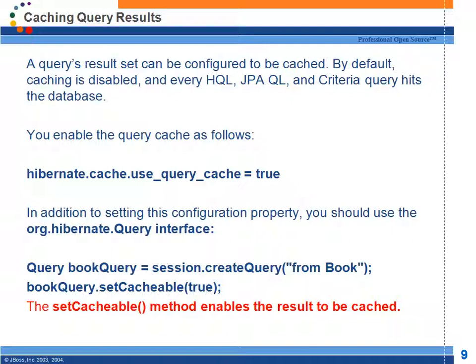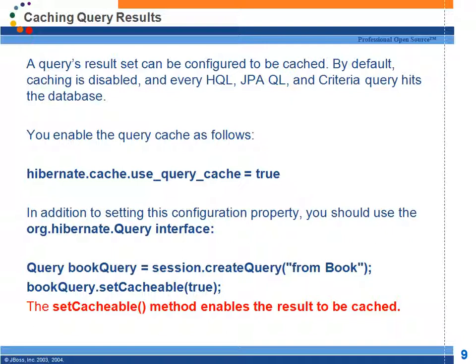Query cache is on second level cache only. Query cache is not inside the first level. Query cache is not enabled by default. After enabling second level cache, we have to set this property also, and for the query you have to set query.setCache(true).